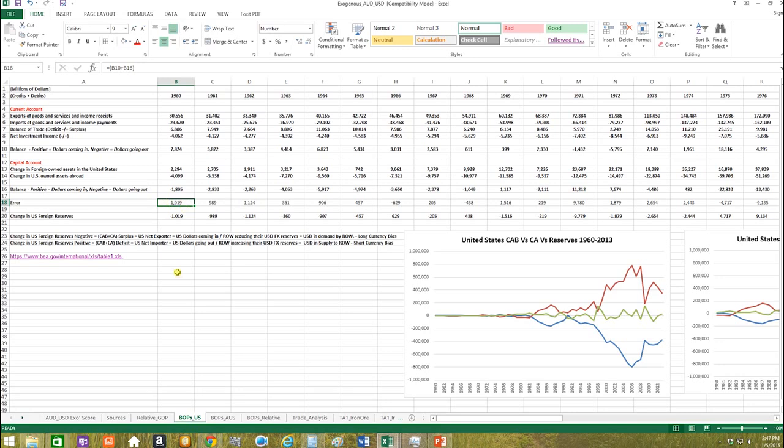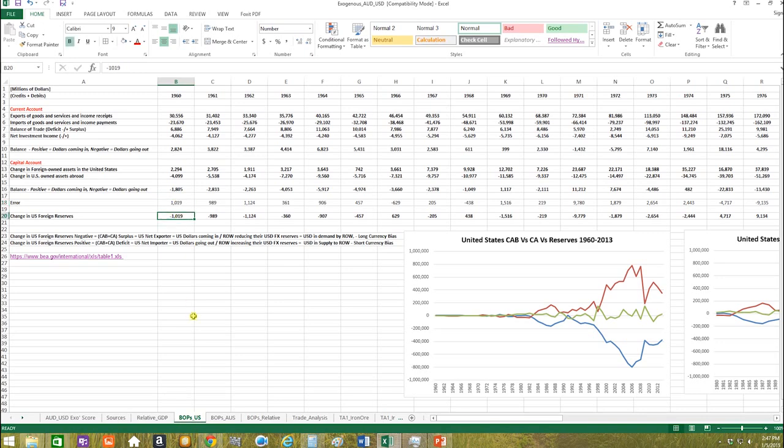Then in the US's own accounts, the holdings of US foreign reserves have fallen by this amount in proportion to US dollars coming in.